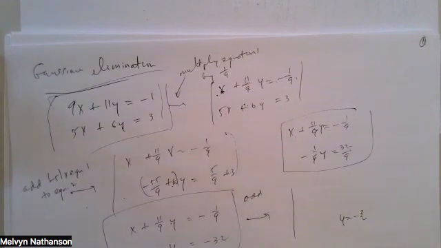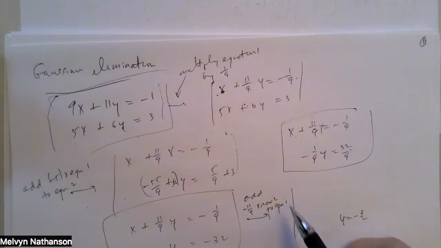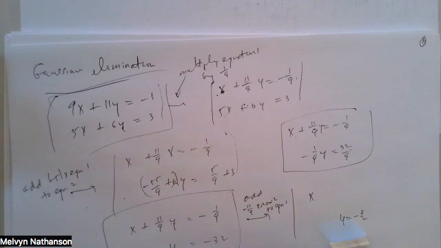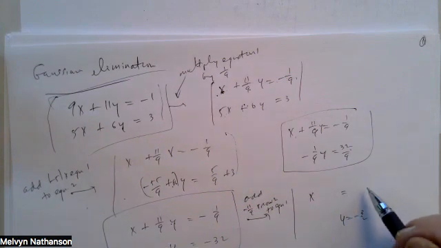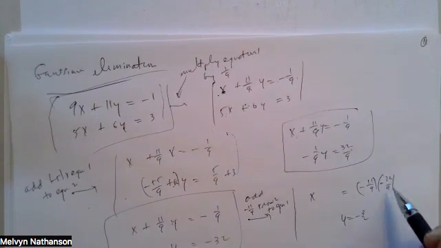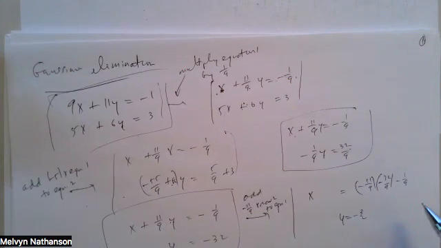Suppose I add minus 11 over 9 times row 2, or equation 2, to equation 1. So I get x plus 0, minus 11 over 9 times 0 is 0. This is x. Minus 11 over 9y plus 11 over 9y is 0. I just get x equals minus 11 over 9 times minus 32, added to minus 1/9. That's what x is.